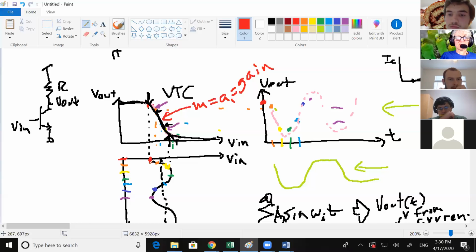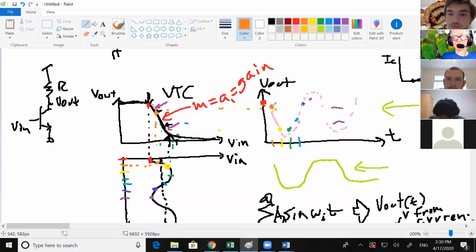This is already drawn out, but let's say at time 0, this is the value of V in. You draw it up to the graph and that tells you what V out is. So at time 0, my V out is that voltage. Is that good for that point? Then you go to time 2, which is this orange. At time 2, V in is this point. You draw it up, and your VTC tells you that V out is this value.